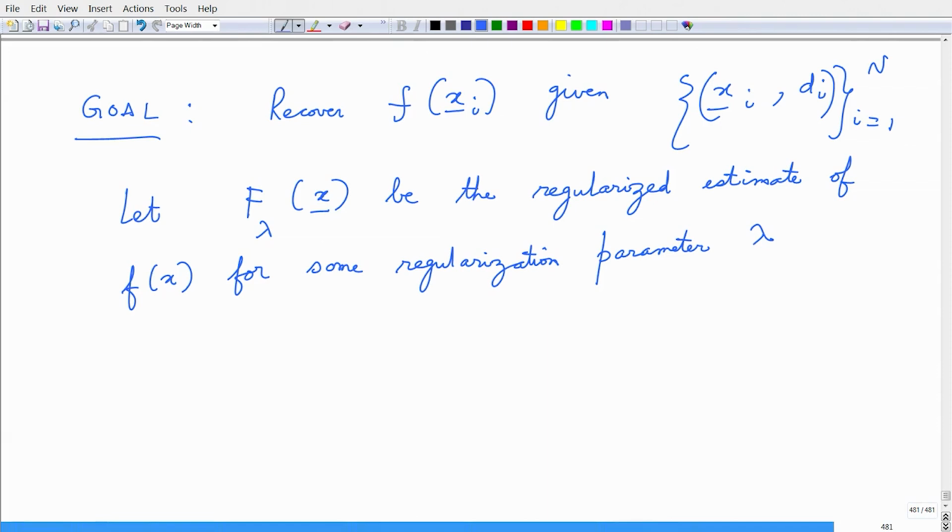And what does this regularization parameter do? It adds a smoothness constraint to the approximating function that you are trying to solve.